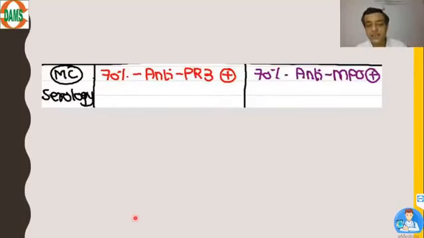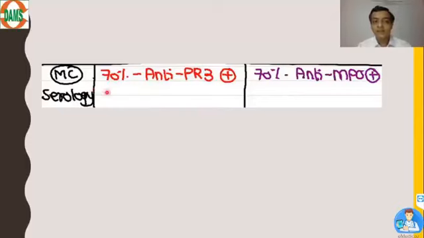Most common antibody: 70% of Wegener's, as we have already discussed, are C-ANCA positive, which is now called anti-PR3, while 70% of Churg-Strauss have anti-MPO positive.